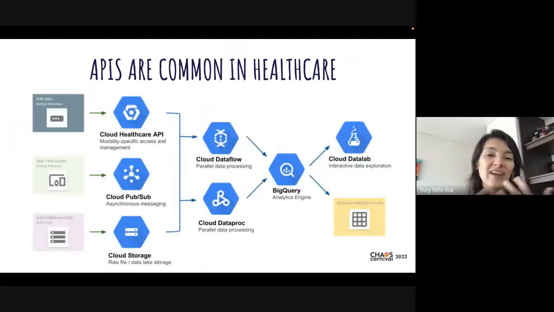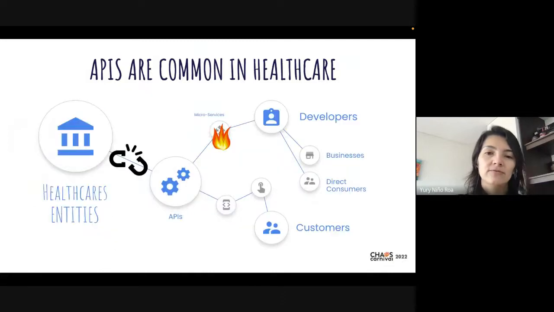Although the Healthcare API enables a robust, scalable infrastructure solution to ingest and manage key healthcare data types, including HL7, FHIR, and DICOM, for example, it's really important to consider that these components can fail. So here is a visualization of that.